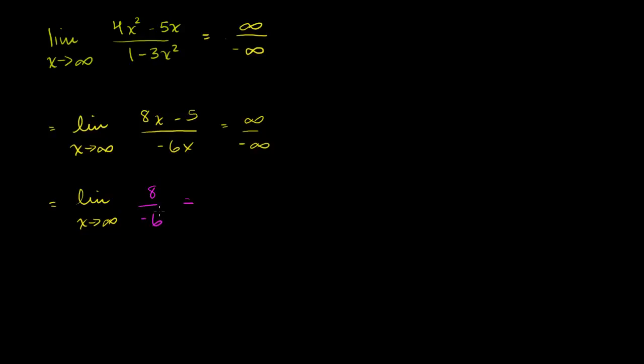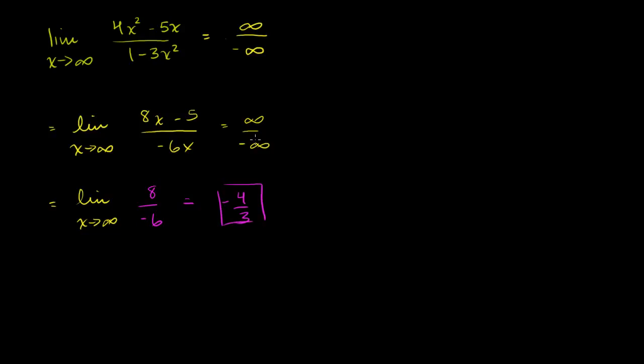And this is just a constant, so it doesn't matter what limit you're approaching. This is just going to equal this value, which, in simplified form, is negative 4 over 3.